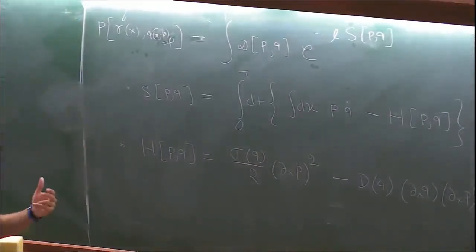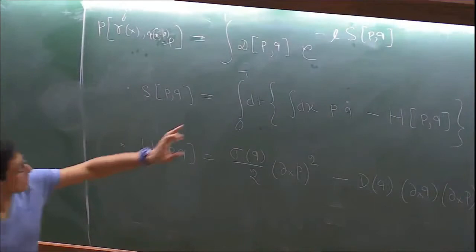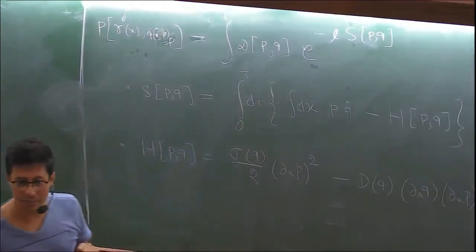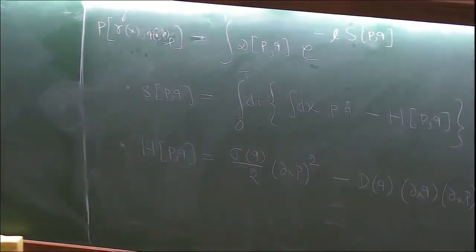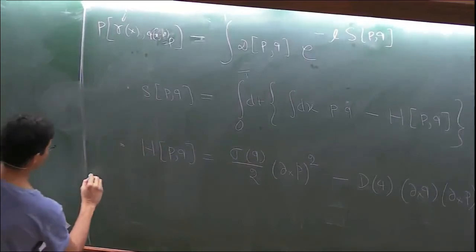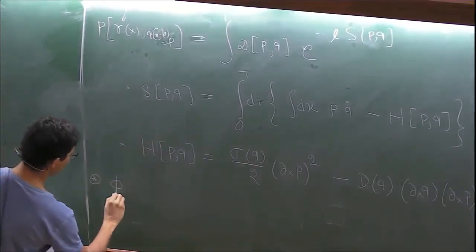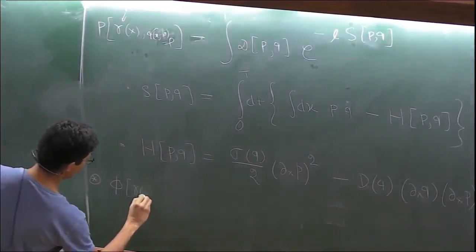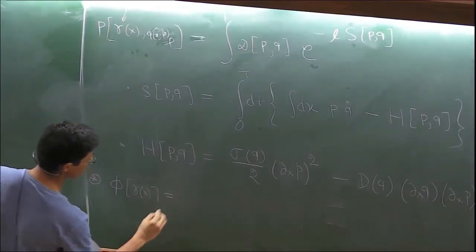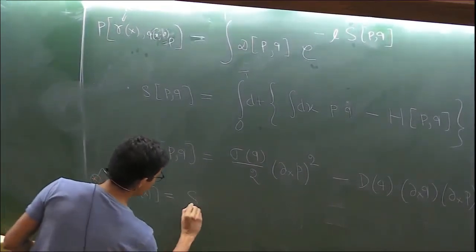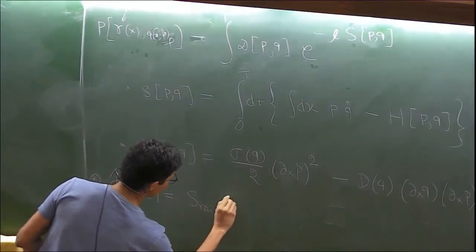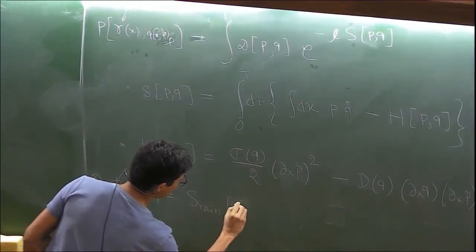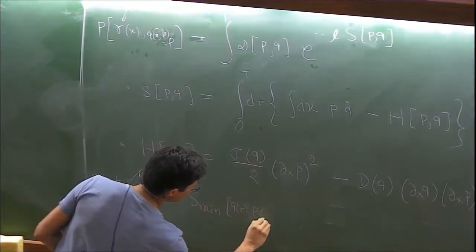And again, in this large L limit, this is dominated by the saddle point. So all you have to show now is that phi of R of x is simply the S min of this Q of t, P of t.